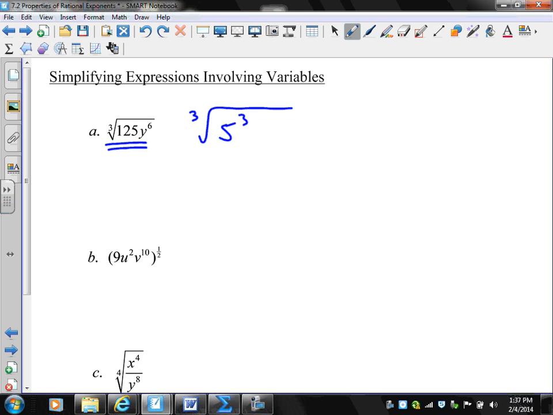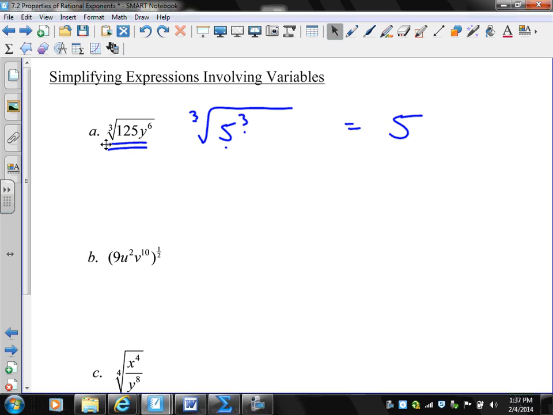And I wrote it like that because I want to write this as something being cubed because I want to take the cube root of it. So if I just look at my numbers, I'm not going to deal with the y's first. I'm just going to deal with the cube root of 125. Well, the whole idea of writing this as 5 cubed was that I'm going to unwrap it by taking the cube root out here. So what's the cube root of 5 cubed? Well, those operations unwrap each other, and I get back just 5.